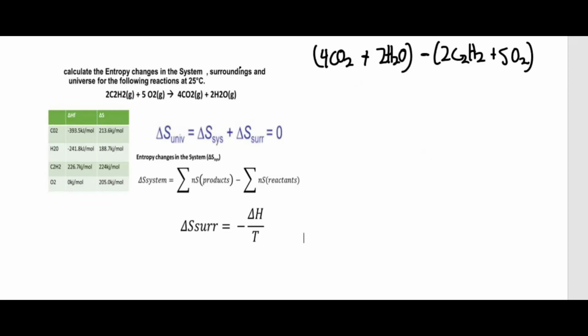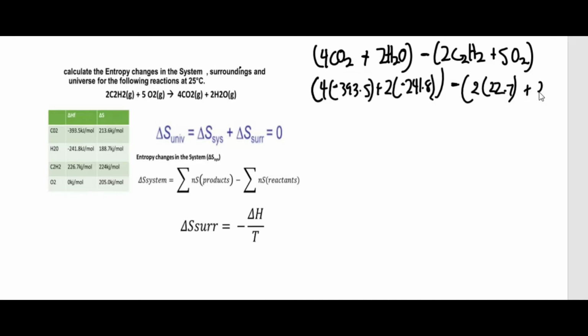So, here. 4 times negative 393.5 plus 2 times negative 241.8, okay, parenthesis, minus 2 times 227, plus 0 times 5.